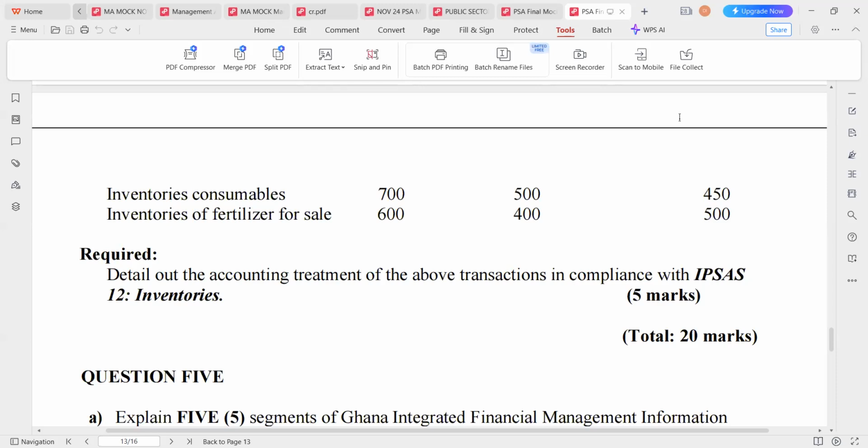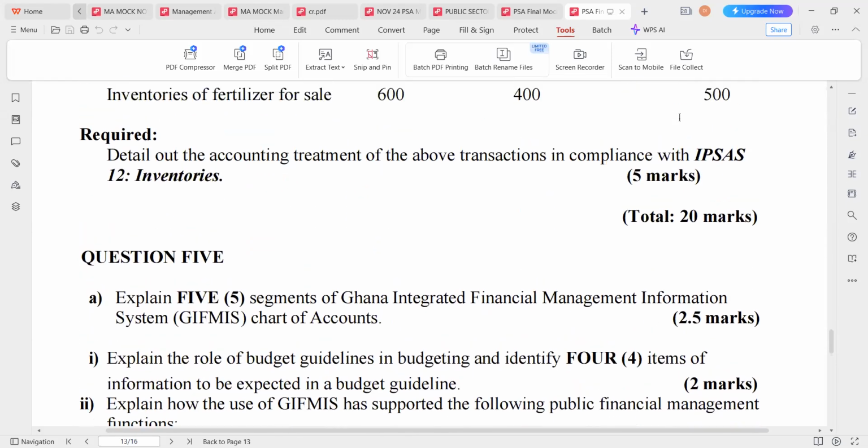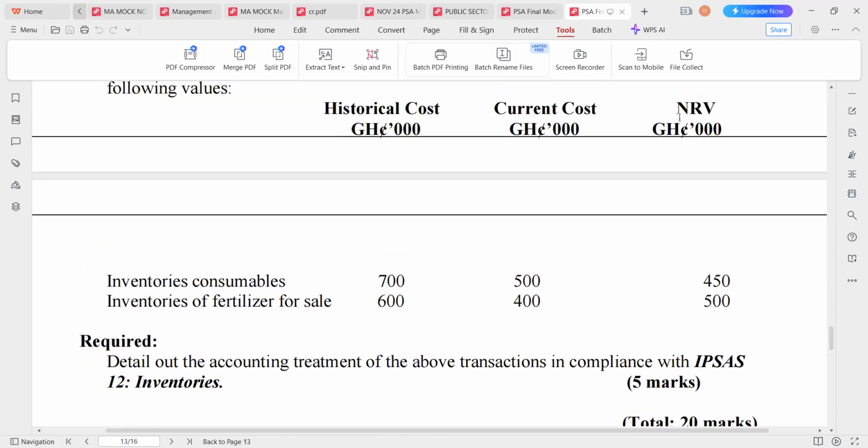All right, so the next show is how to deal with your final exams, but please take notice of the inventory. The inventory today will give you one for sale, one for use.